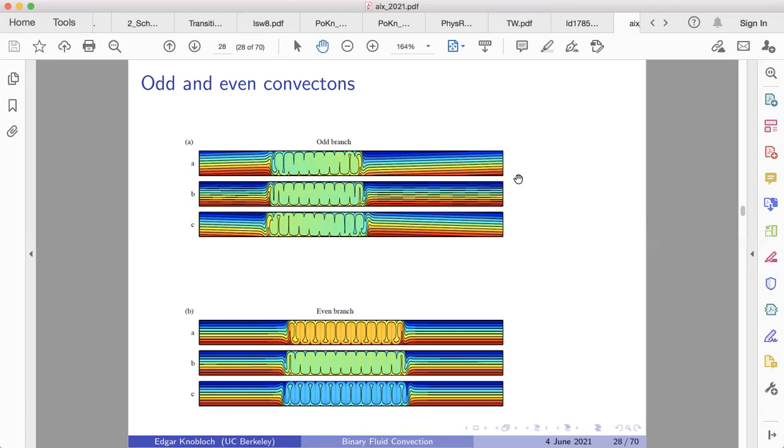But if you have a system with a conserved quantity, then the folds do not align vertically, and you get what people sometimes call slanted snaking, where the folds are always at a different Rayleigh number. The reason is that in a finite domain, you have a certain amount of mass, but it could be magnetic field or magnetic flux, that you just have to redistribute in the domain.